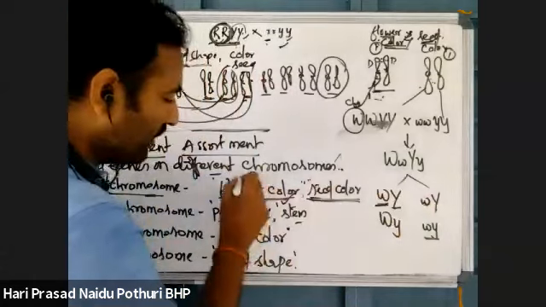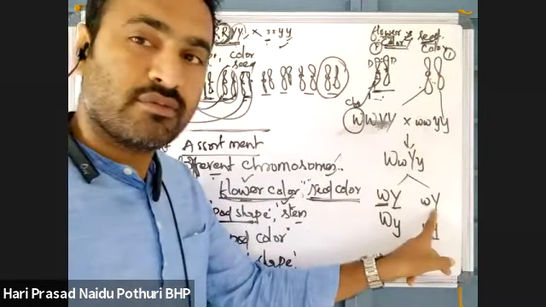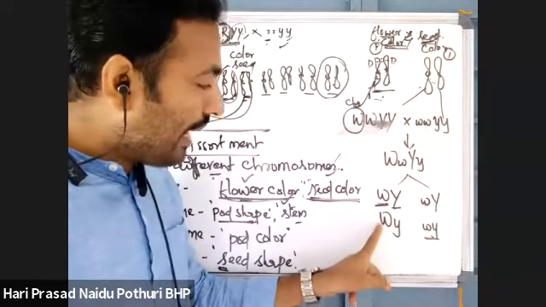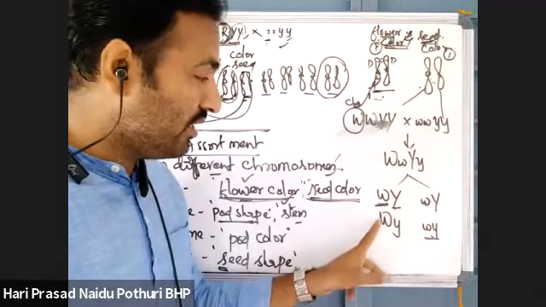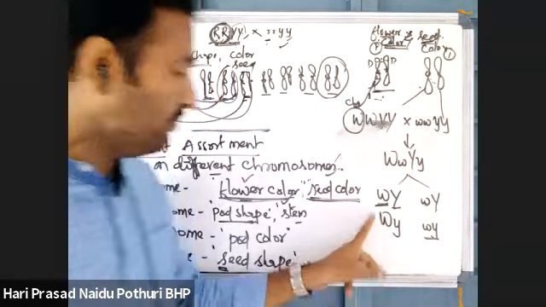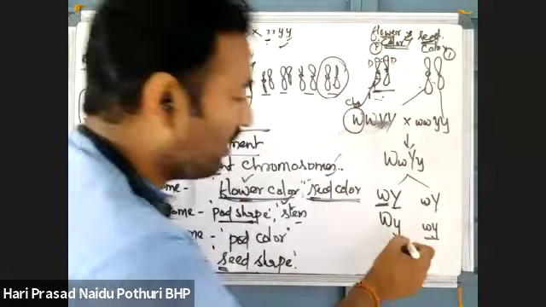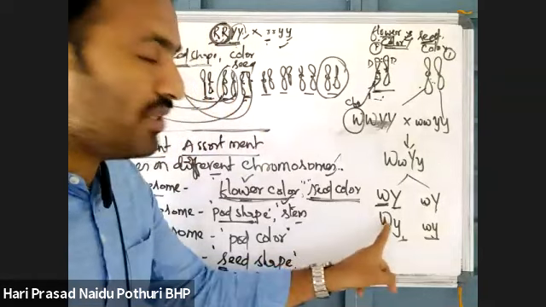Dominant means that it will express both characters. Both will be dominant here. Yes or no? Here, capital W dominant is there. Dominant chromosome is there means that chromosome carries both characters. So small y cannot be considered. This will express both characters dominant.